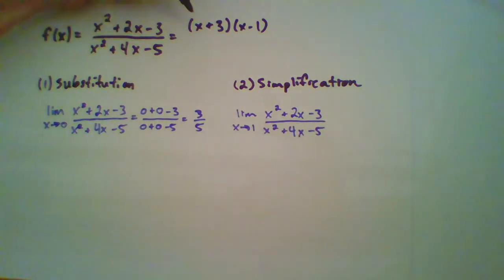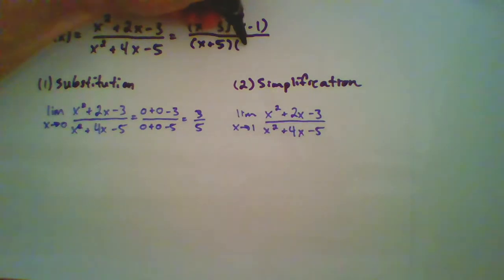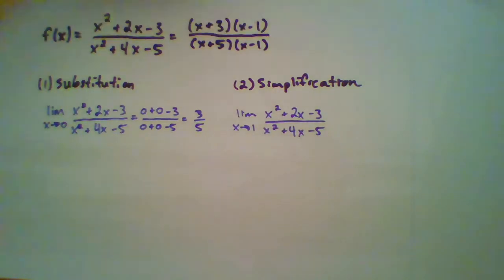If we factor the denominator, we get that. And now you can see where we're going to be able to do a little bit of simplification, because we have a factor of x minus 1 in both the numerator and the denominator. So you can sort of think that we're canceling that out.